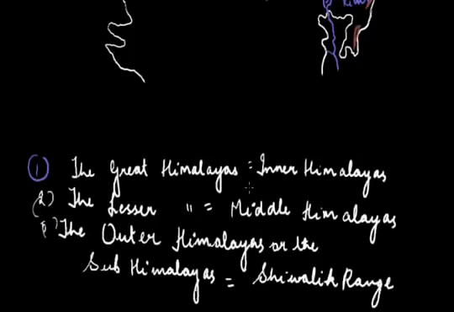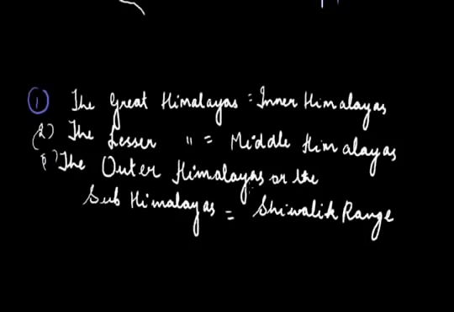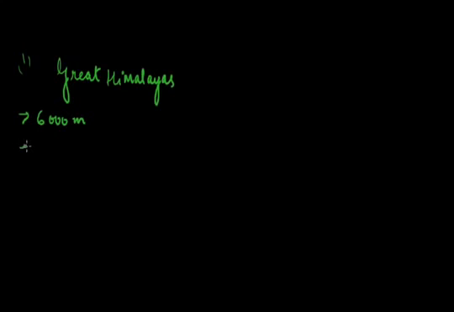So, just having a look at the important points of the various mountain ranges. First, we have studied the Greater Himalayas. Its average altitude was 6,000 meters and its average width is 25 kilometers.